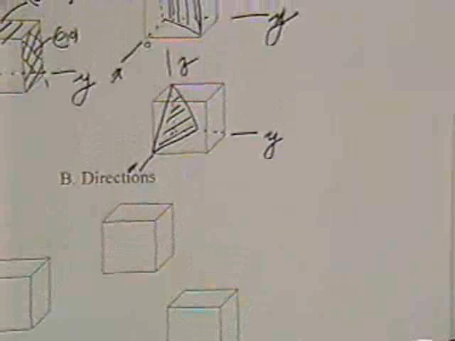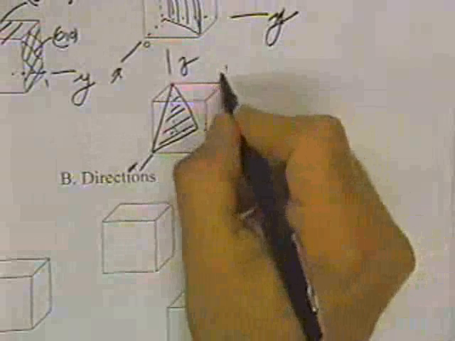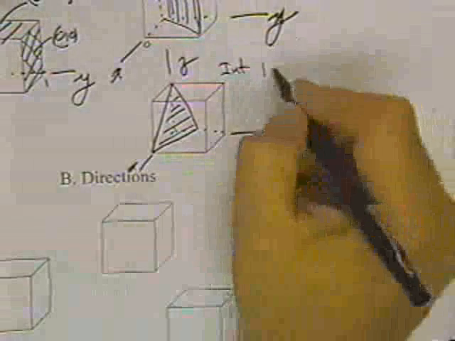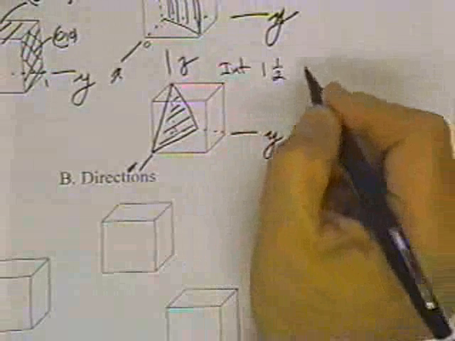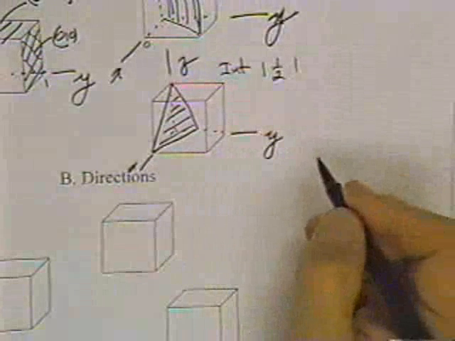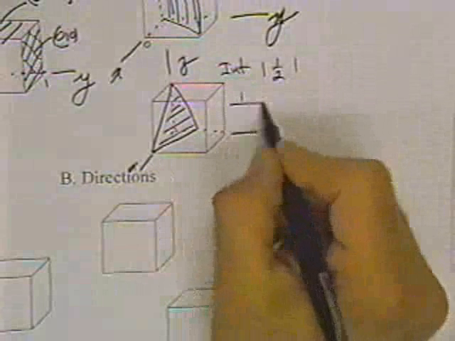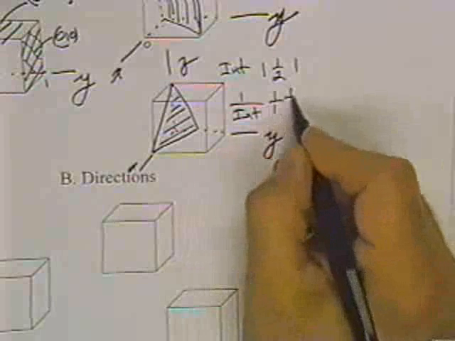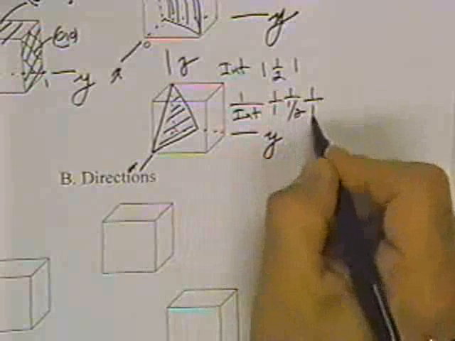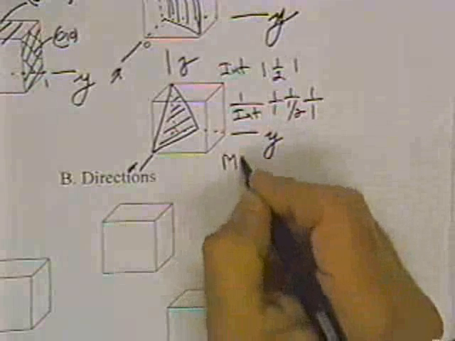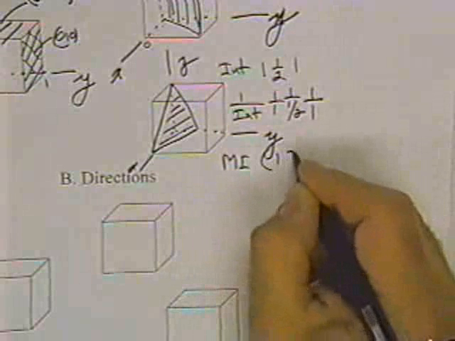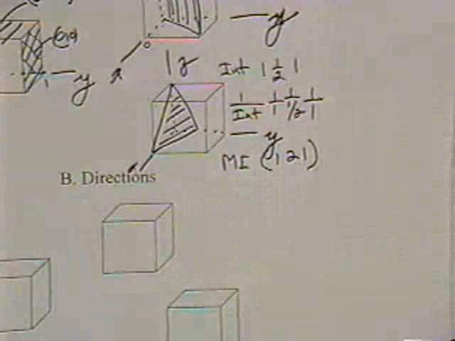Now the intercepts for that plane are going to be what? Well, it's going to be 1 in the X, half in the Y, and then 1 in the Z. So we're going to take 1 over the intercepts, so that's going to be 1 over 1, 1 over half, 1 over 1, and so the Miller indices for that plane would be (1, 2, 1).